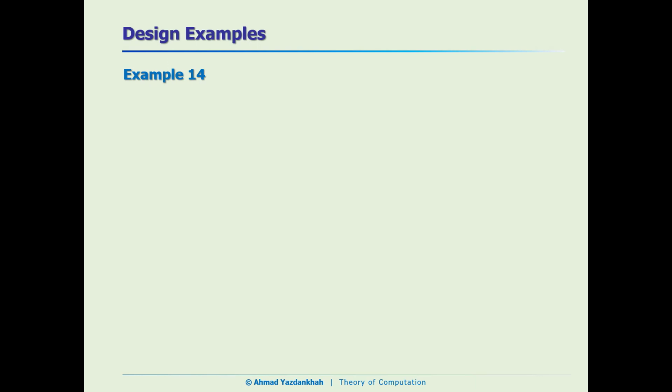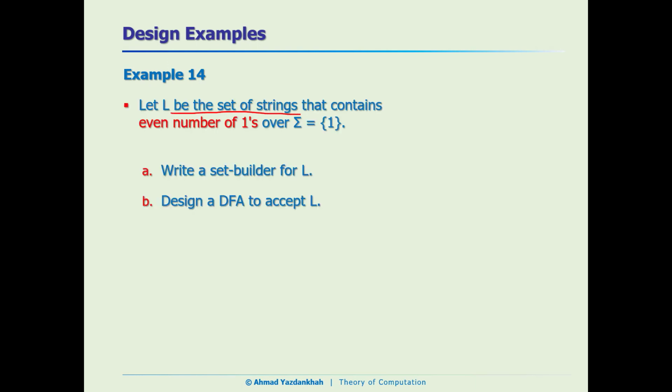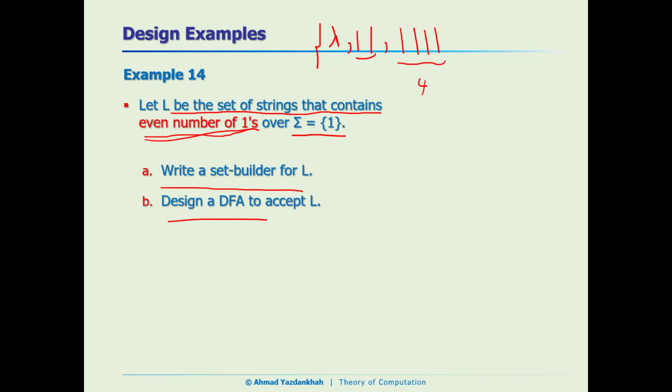Let's take another example. The set of all strings that contain an even number of ones over this alphabet. First we need a set builder for L and we need a design. To understand what is going on here, even number of ones: zero ones is even, right? So this language contains lambda, 11, 1111, and continues.